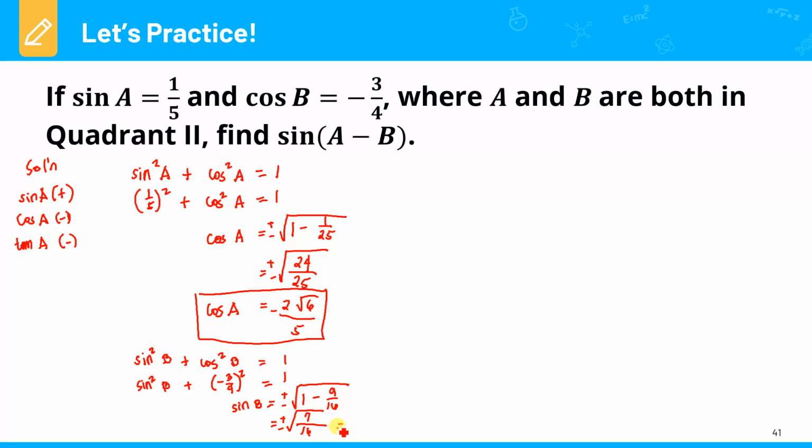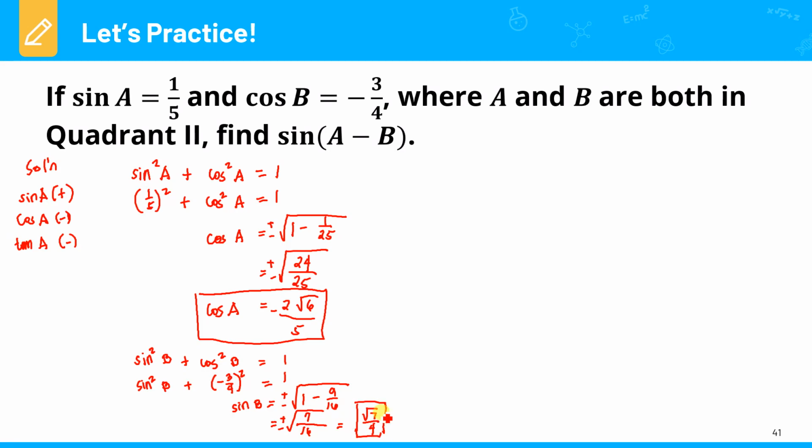Since the sign is positive in the second quadrant, we have square root of 7 over 4. And this is our sine B.